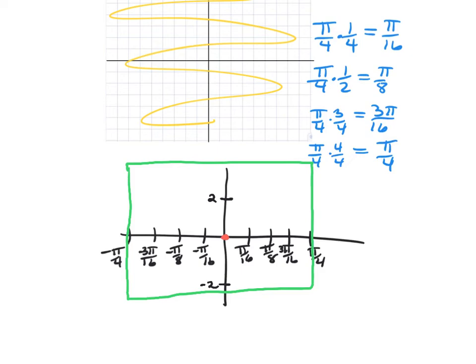Now at pi over 16, I'm going to go up to the 2 and the negative pi over 16 down here. Also draw in your asymptotes, which are going to be the second point or the middle of your box. So a vertical asymptote at pi over 8 and negative pi over 8.